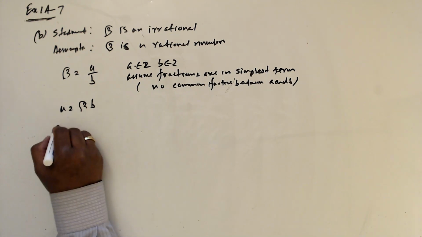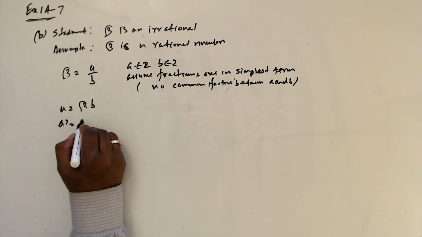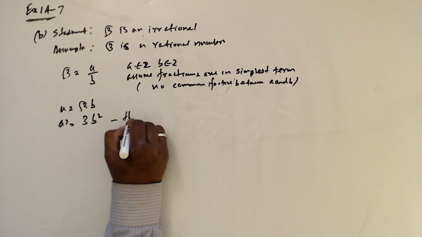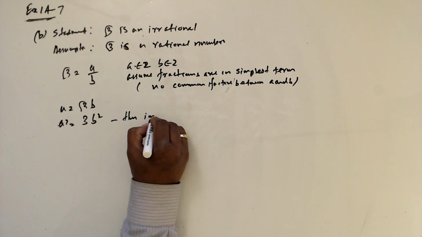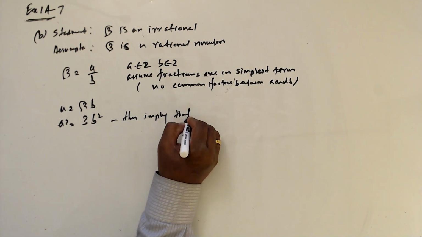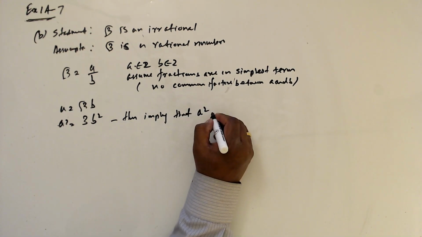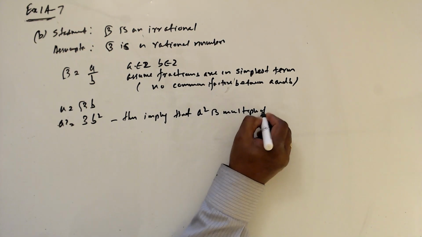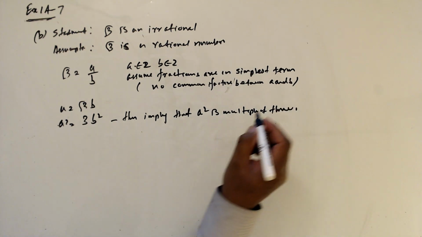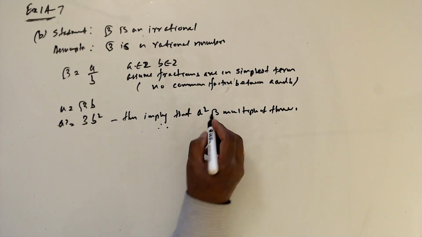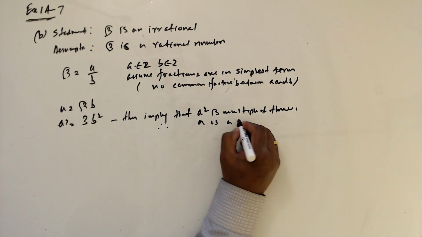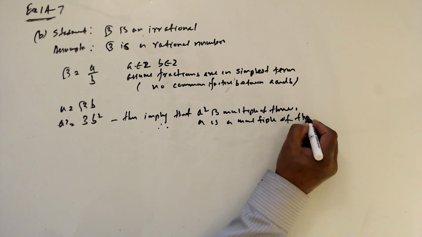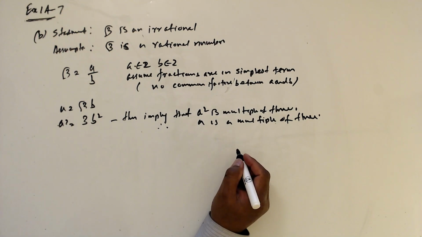Then I square this: a square equals 3b square. This implies that a square is a multiple of 3. Hence, a is a multiple of 3. We proved this in part A.